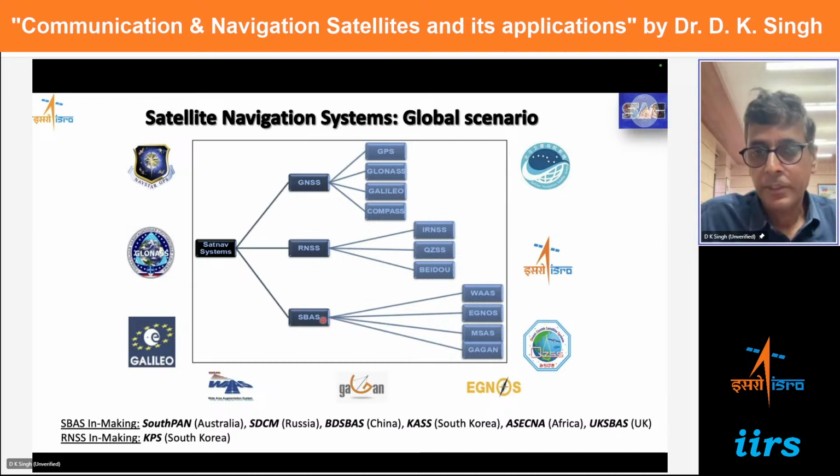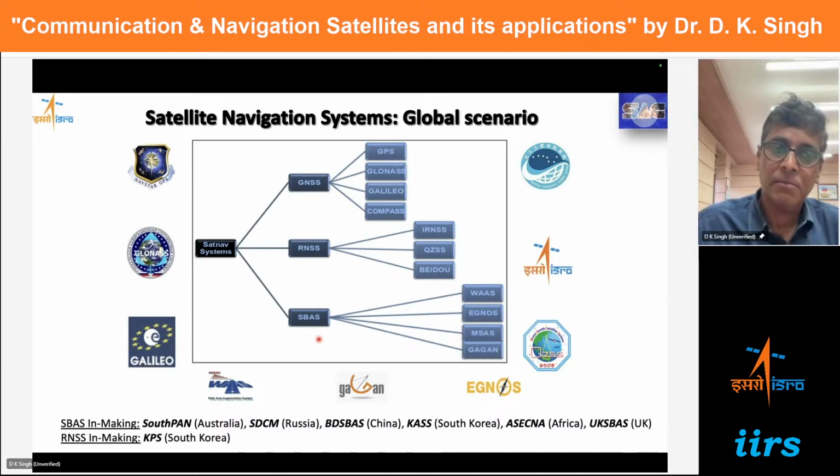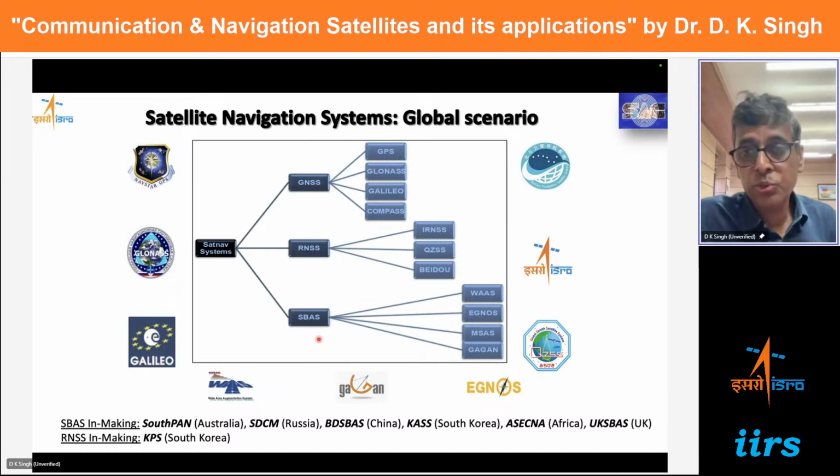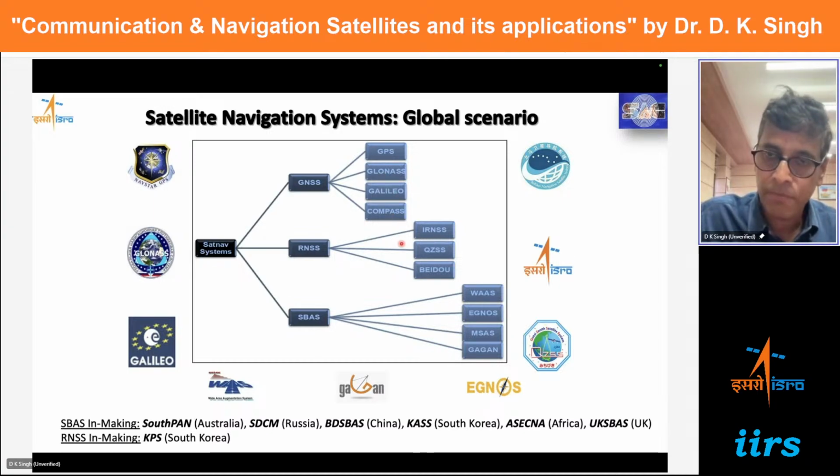So you need an additional system which is overlaid, which adds certain more information given to the user receiver, so that your confidence in using those navigation signals coming from the primary system improves. You also have monitoring of all the satellites by this system. If there is any bad satellite, it will flag and give an early warning that these signals should not be used, switch to manual mode, and so on.